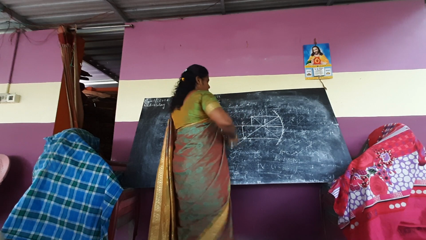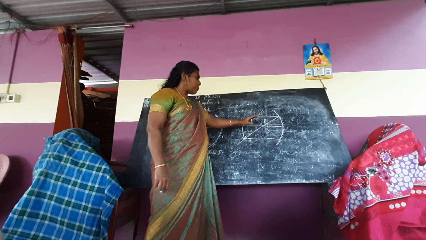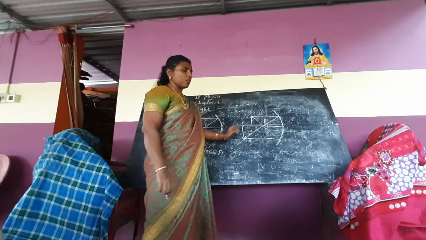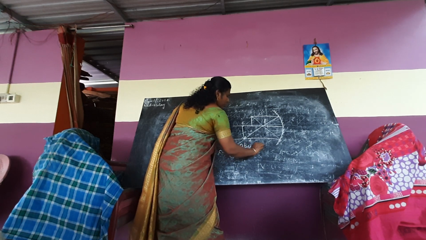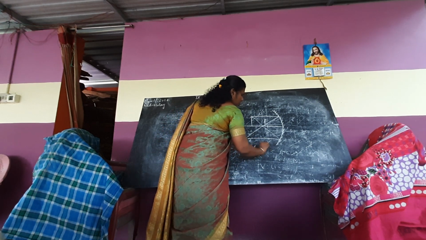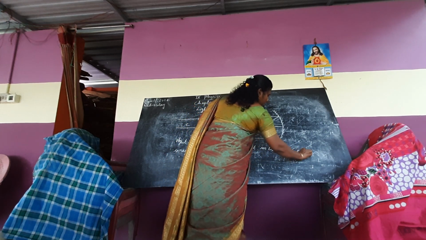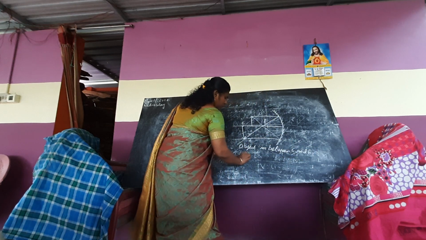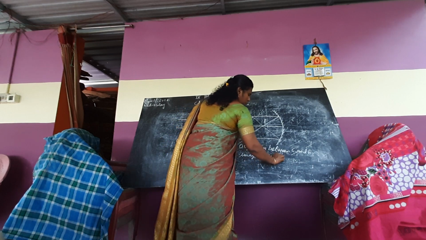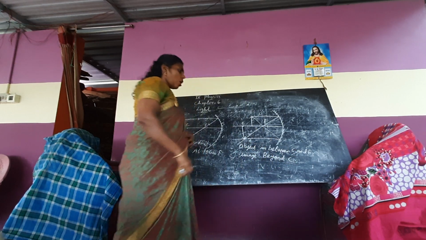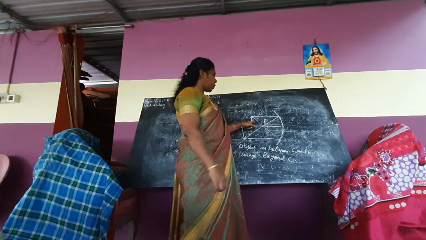You will get the image. Now see, the object is in between C and F. The image you will get beyond C. So you can write here: object in between C and F, image beyond C. So the object in between C and F, the image will be beyond C. So you have to draw this diagram.